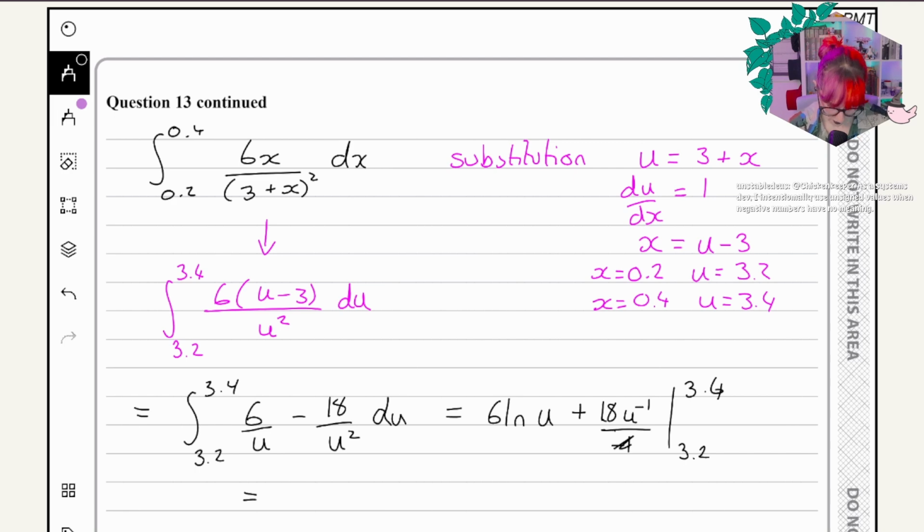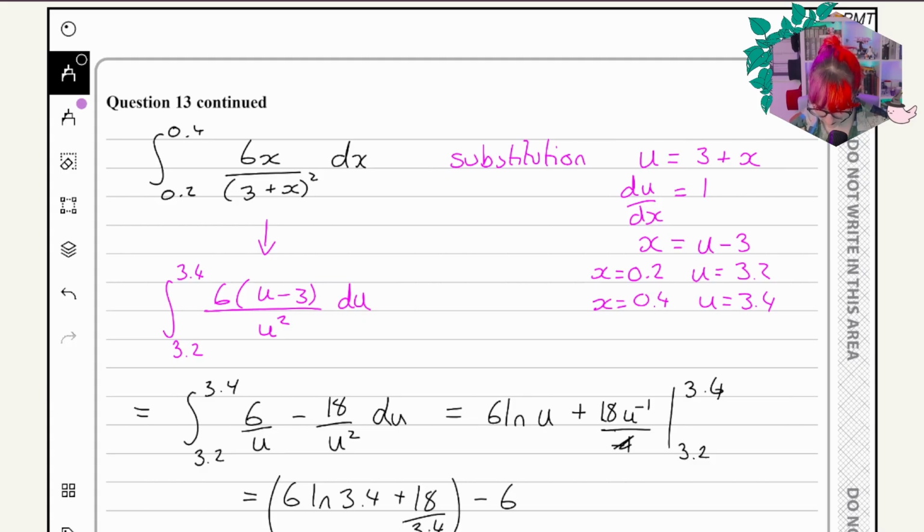So plugging in our values for that, we get 6 ln of 3.4 plus 18 over 3.4, minus 6 ln of 3.2 plus 18 over 3.2.